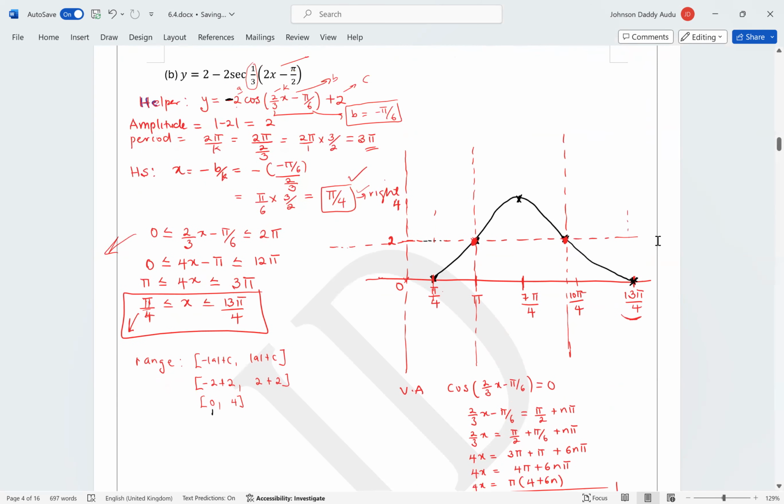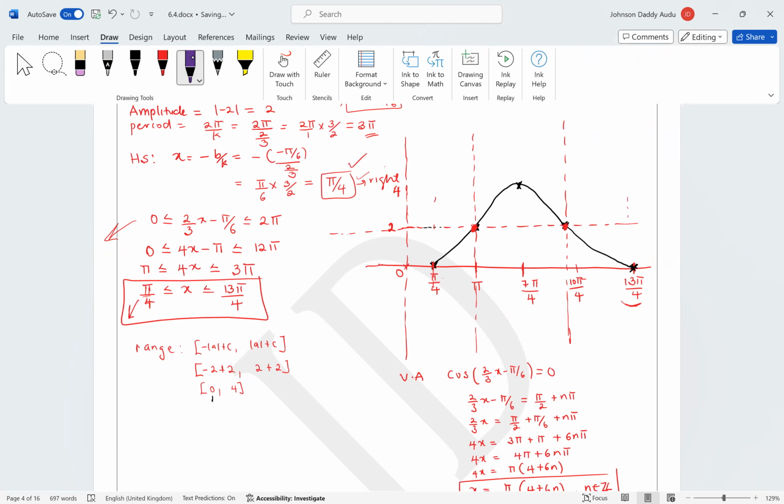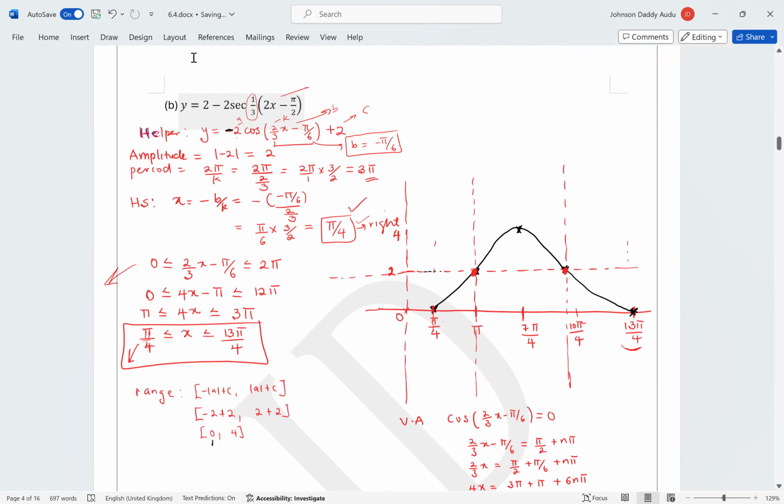So these are the vertical asymptotes. To finish, what will be our graph? Just work with the vertical asymptotes. This is full here, so you make this to be full, right? This will go this way. Yes, this is what you're going to have.